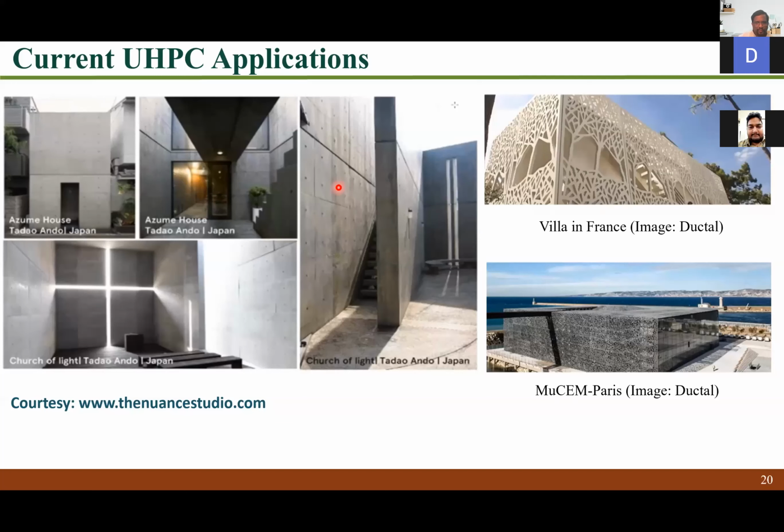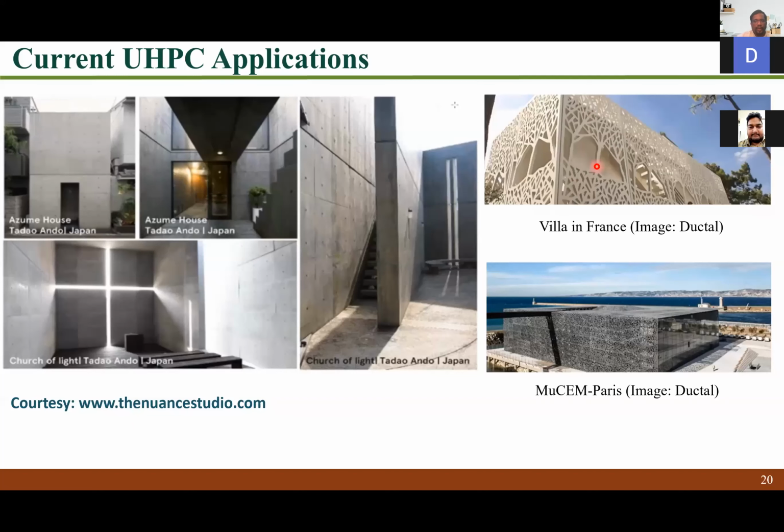These are the same project outside and inside, and these are some of the structures that have been built, with a lot of facade elements with nice architectural features. Still, they are able to transfer all the load, and you can see these are all very thin, sleek elements with complex shapes that can be made using this UHPC.